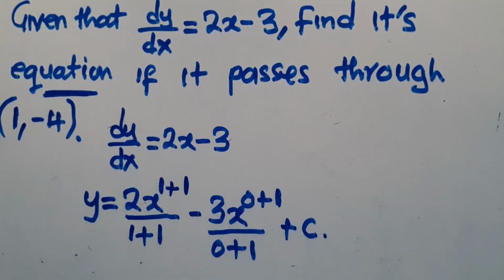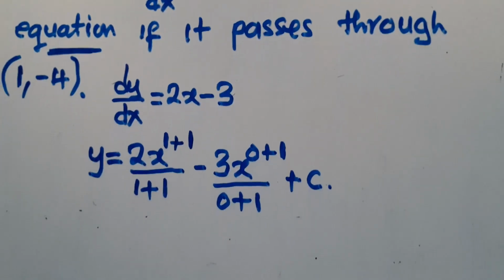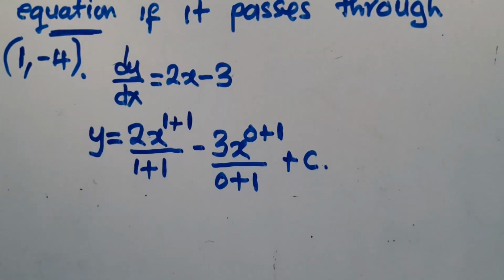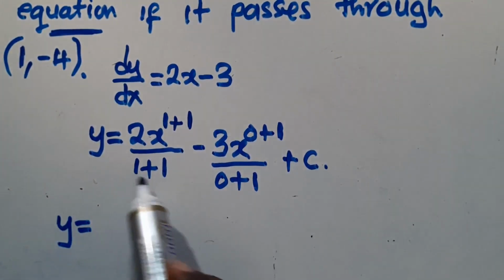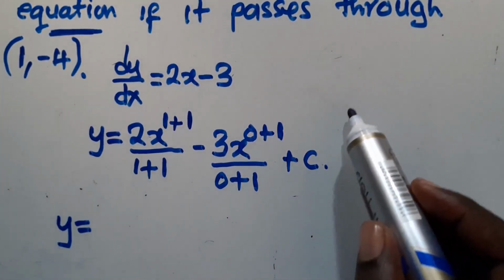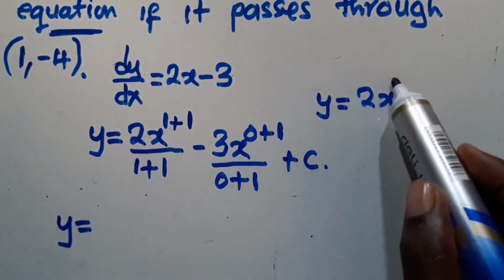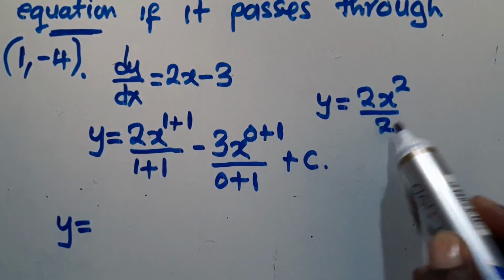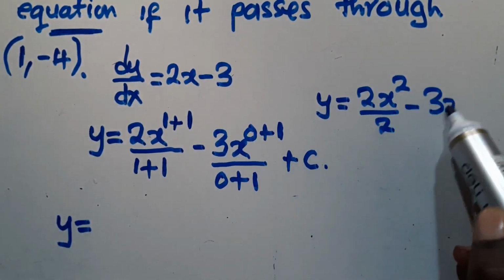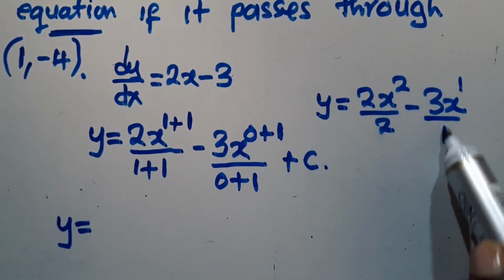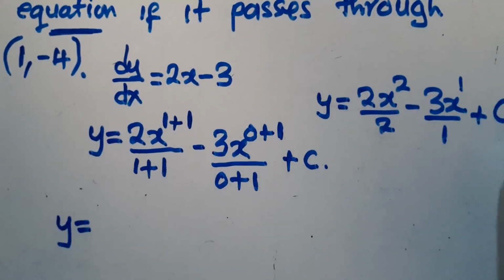So when you do this, this is how we get to find its equation. After doing this, you are going to have y is equal to 2x squared over 2 minus 3x power 1 over 1, then plus c. This is what you are going to form.